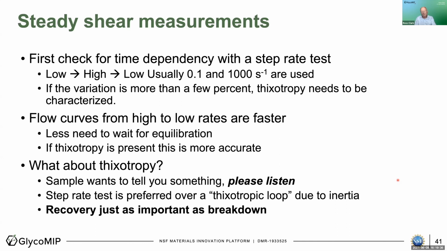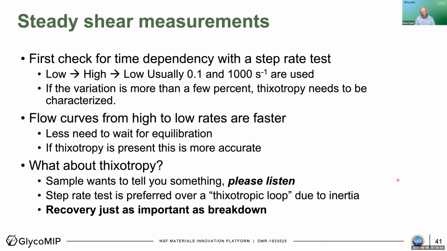Well, then you step in and you're going to run this flow curve that everybody is sort of required to do, it seems like. Run your flow curve from high rates of shear to low. Again, I see so many people, they start at the low speed and they go up to the high speed.